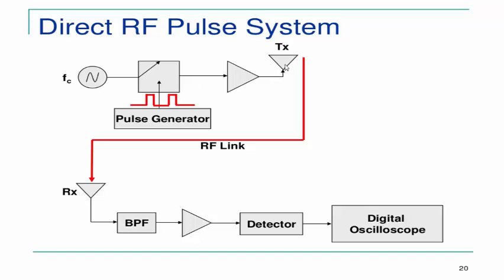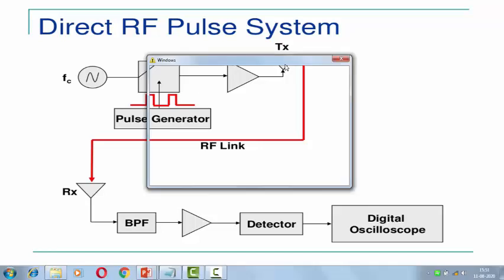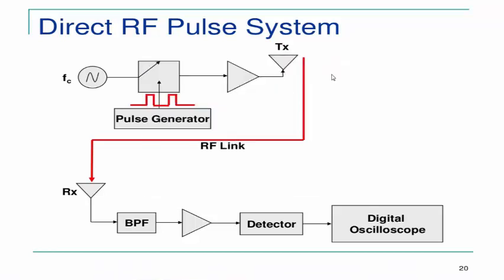These signals are fed to the amplifier, and the amplifier gives the electrical signal to the antenna. The antenna is responsible for generating the radio wave.